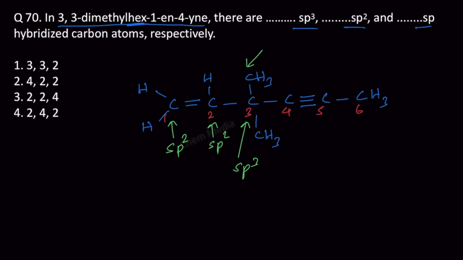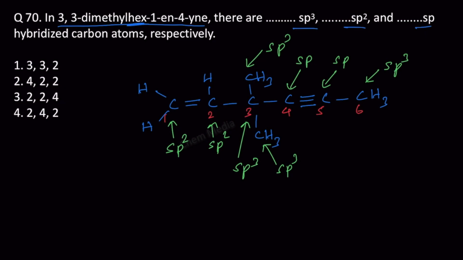Even for the methyl groups it is sp3 because we have 4 single bonds, 3 carbon-hydrogen bonds and 1 carbon-carbon bond. So therefore for the methyl groups also it is sp3. Position 4 as well as 5, because of the triple bond the hybridization is sp, and then at position 6 it is sp3 once again.